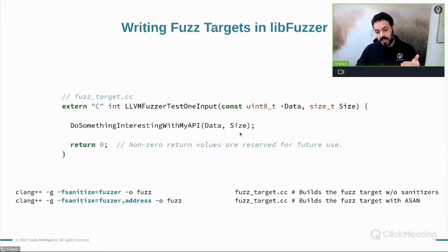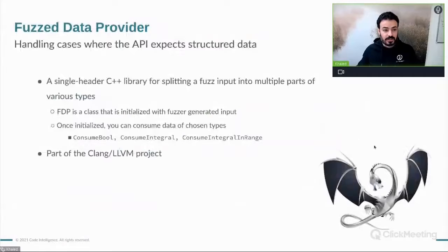And in order to handle these cases, we have the so-called FuzzedDataProvider. It's also part of Clang, and it's a single header C++ library that you can use in order to get values or fuzzing input of different types.